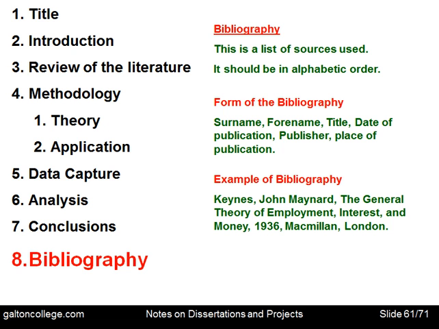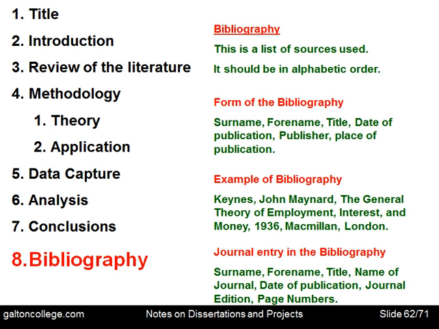The title, The General Theory of Employment, Interest and Money. The date of publication, 1936. The publisher, Macmillan. And the place of publication, London. Journal entries in the bibliography, well, it's the same sort of arrangement: surname, forename, title, name of journal, date of publication, journal edition, and the page numbers.